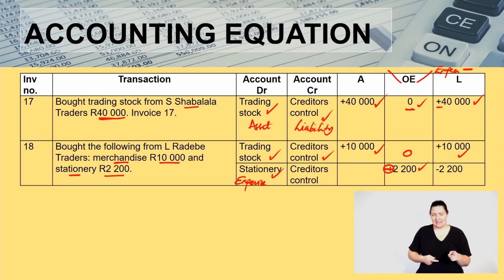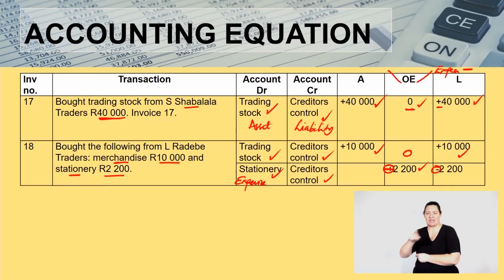All right? Now, here's another test that I have for you. When I credit creditors control, do I have a minus 2,200 or a plus 2,200? It has to be a plus. Why? Because your liabilities are increasing. So here it becomes a plus 2,200. There. So, to summarize that part, when you have an expense, your expenses will decrease owner's equity, minus.